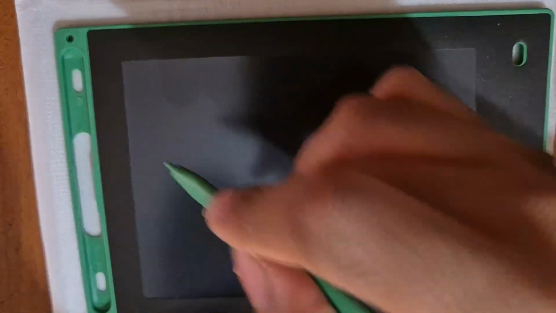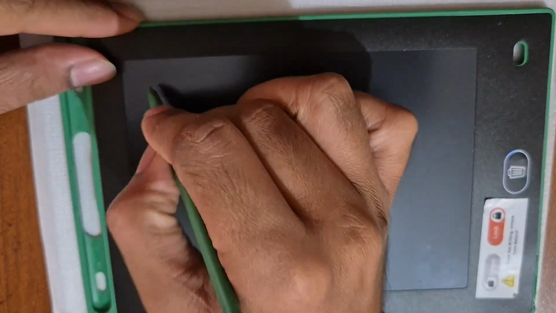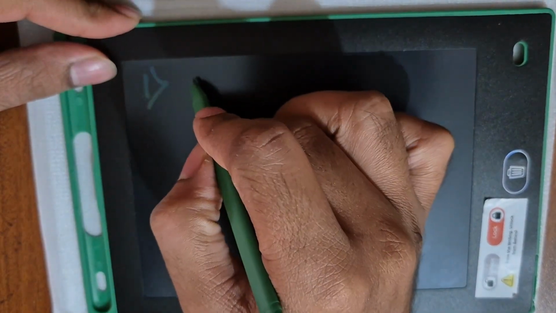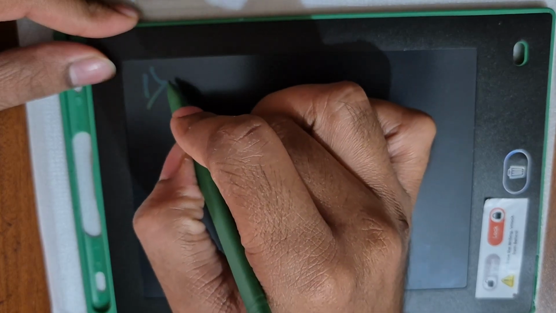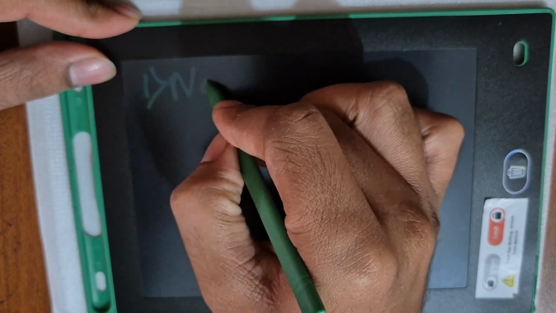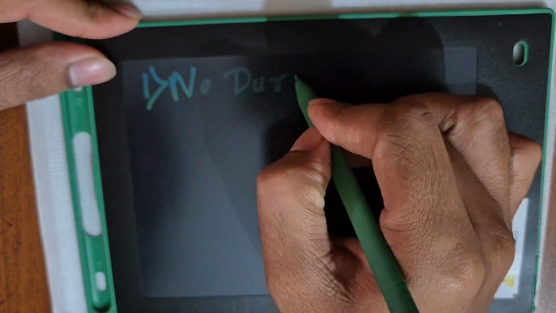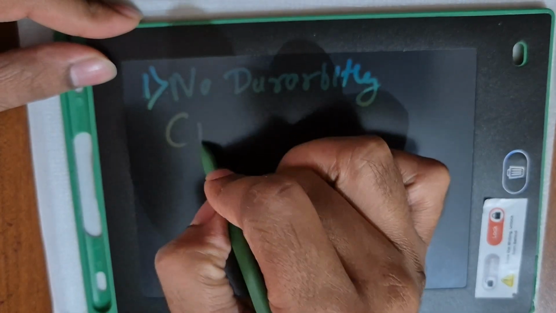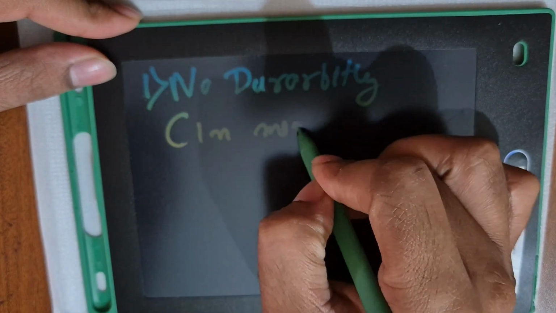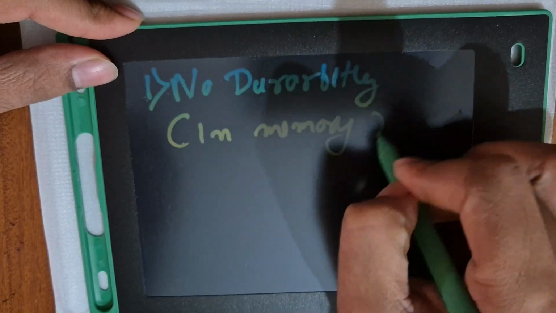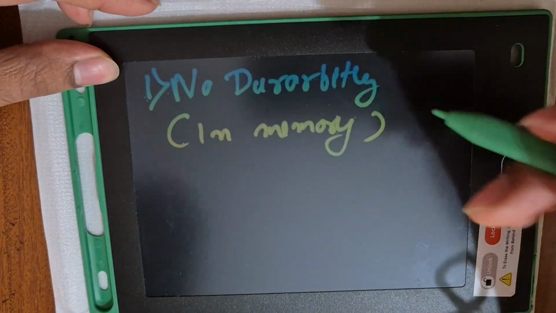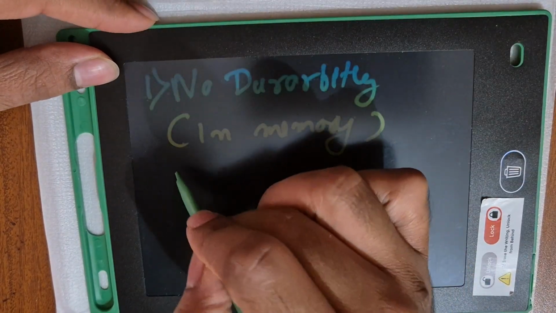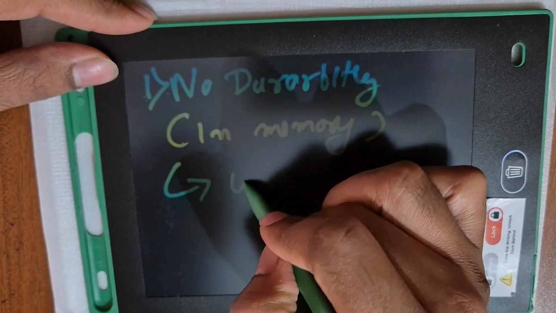So the first problem is no durability, because it is in memory. Because of that, what we do is we keep a write ahead log.